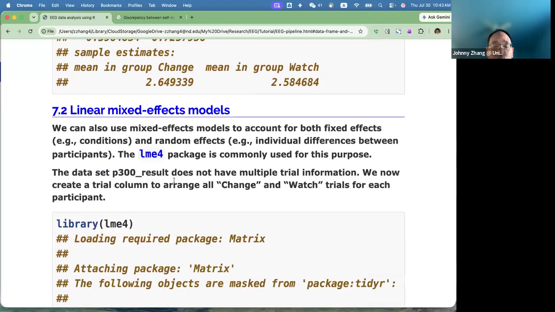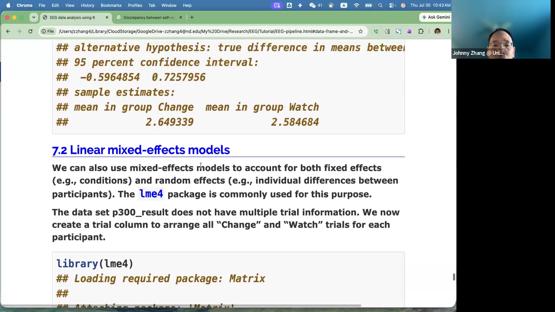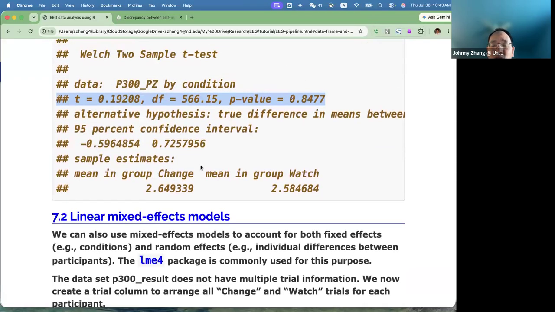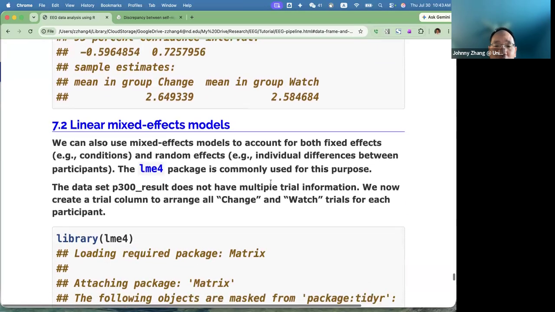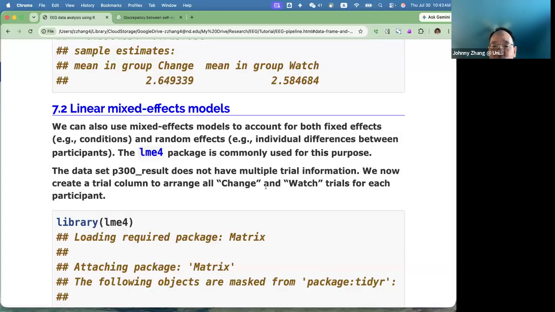And we can also use mixed effects models to analyze the data because we have multiple subjects, and for each subject we have multiple conditions. For example, for watch and changing conditions, for each changing they may view different images, like a social image, a non-social image.